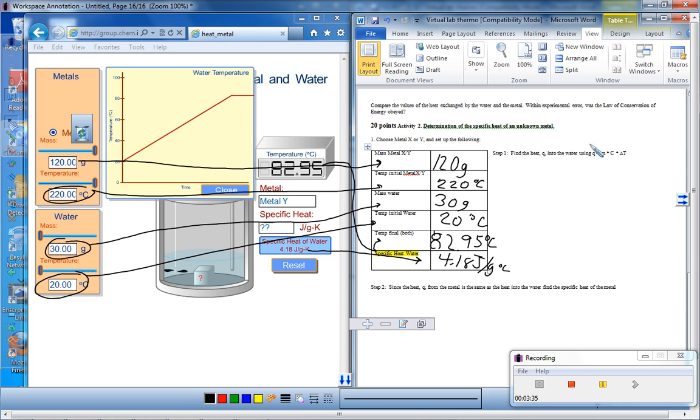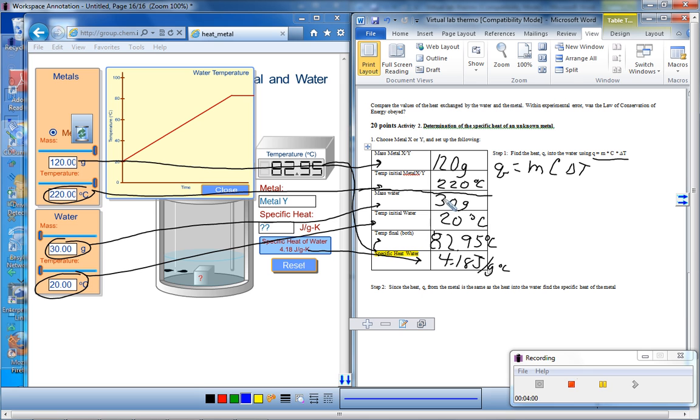So now we have all the data, and we have our equation right here of Q is equal to mc delta T. And what we're going to find is the heat Q into the water. So we're going to be looking at all the information for the water, so that'll be below this line right here. So let's put it all in.